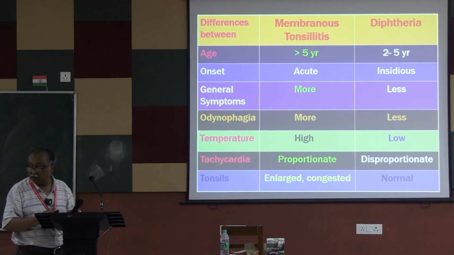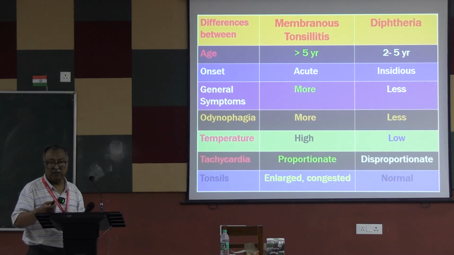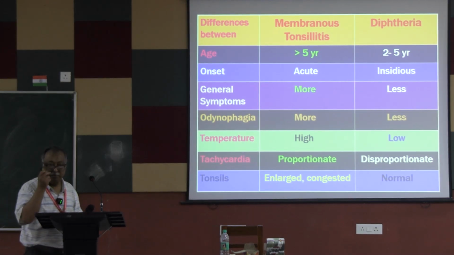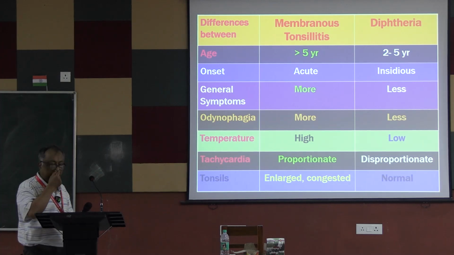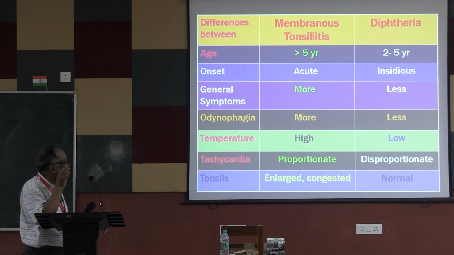If you try to peel it off from the tissue, bleeding will come out. That is a characteristic feature, but we have seen some other membranous tonsillitis where there is also a chance of bleeding if you try to peel it off.